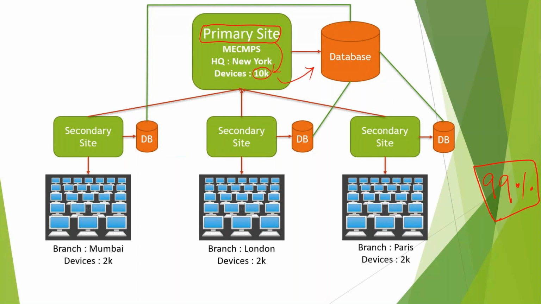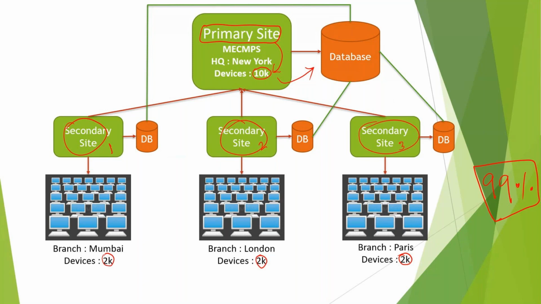Now, what about the branch office computers? For example, 2,000 devices in Mumbai, another 2,000 in London, and another 2,000 in Paris. The primary will not be able to manage these devices because they are on the WAN network. So we will have secondary 1, secondary 2, and secondary 3.